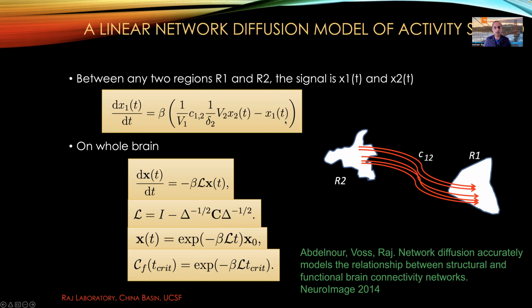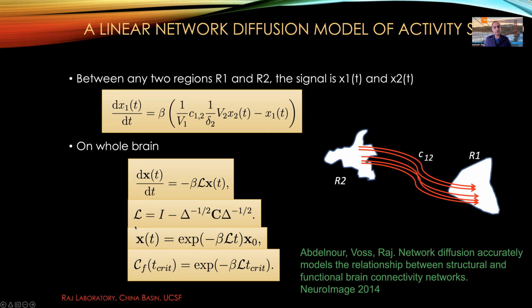So once you write that down between two regions, you can extrapolate to the whole brain using a vector valued differential equation, which now involves the graph Laplacian, shown as L here.